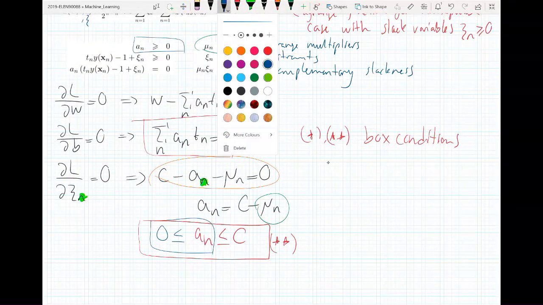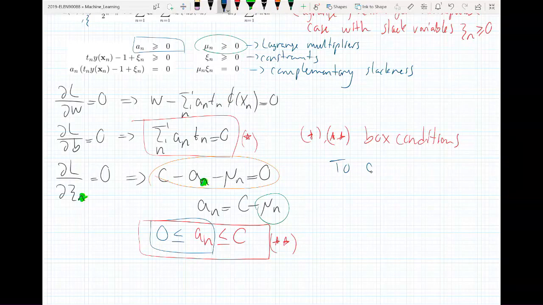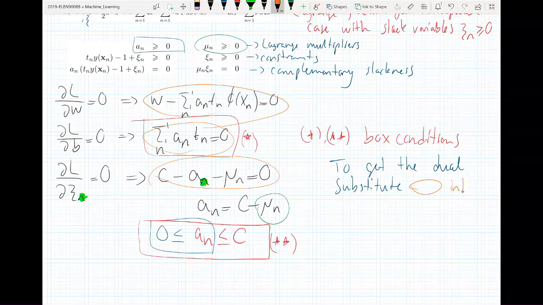To get the dual, substitute the orange things, so 1, 2, and 3, into the Lagrangian.